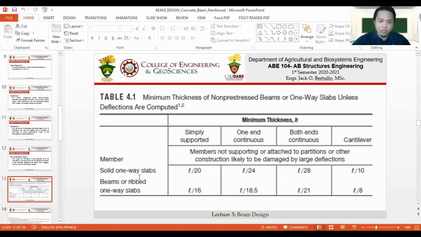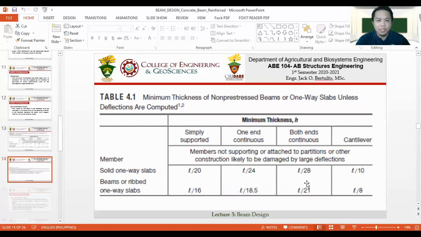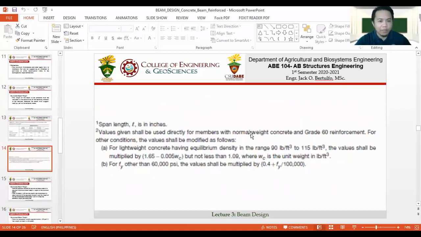All of these are types of beam, and they have their respective formulas for calculating the minimum thickness. So we have here the notation for that. I will try to show you how to use this formula in our next session.